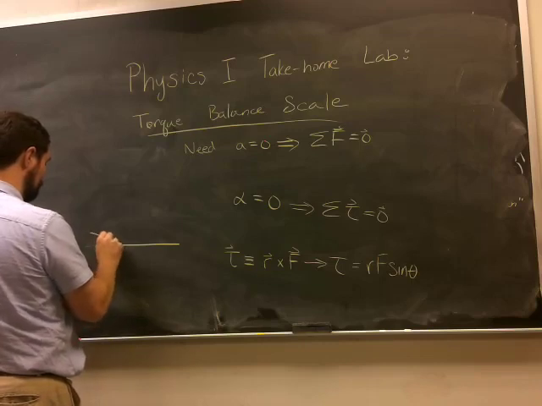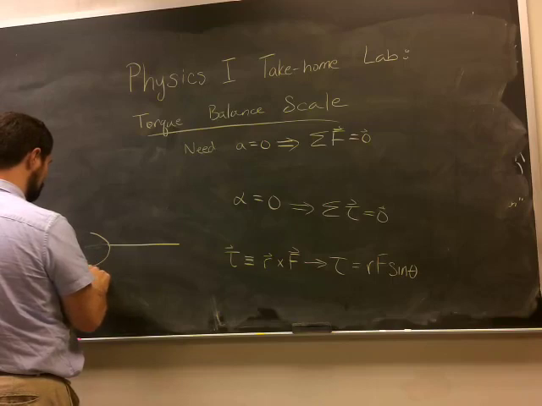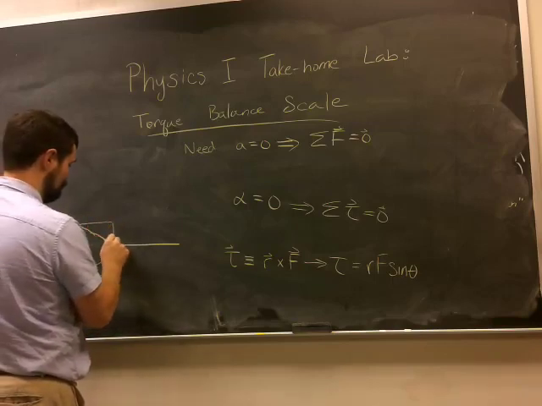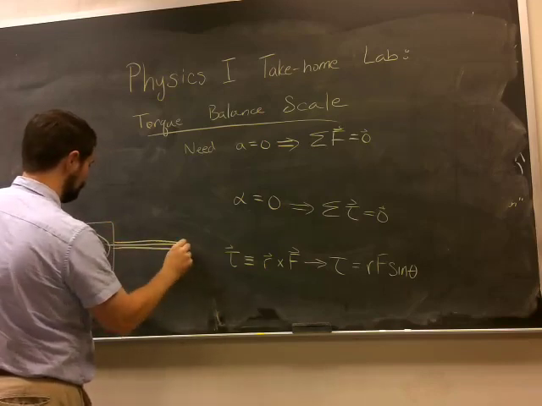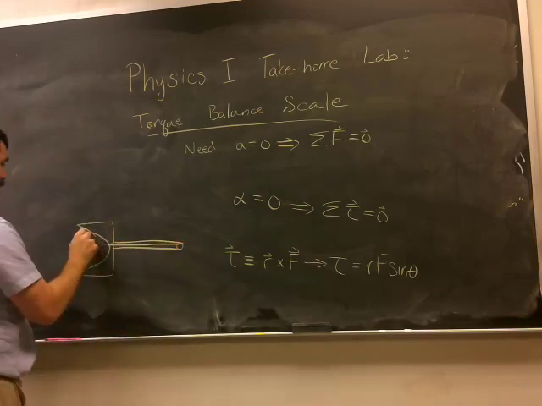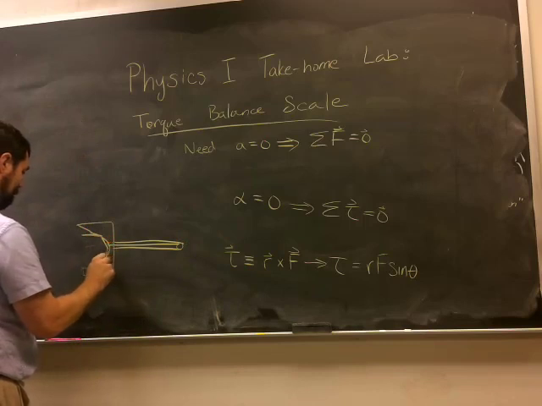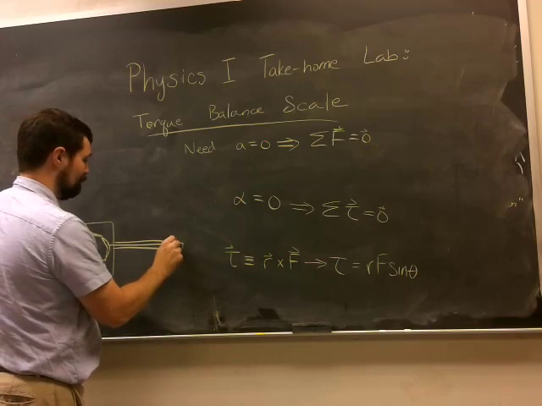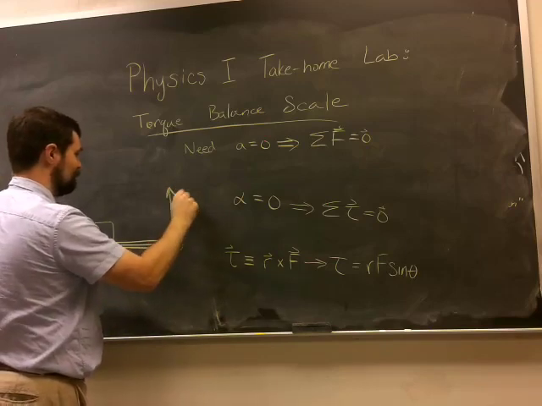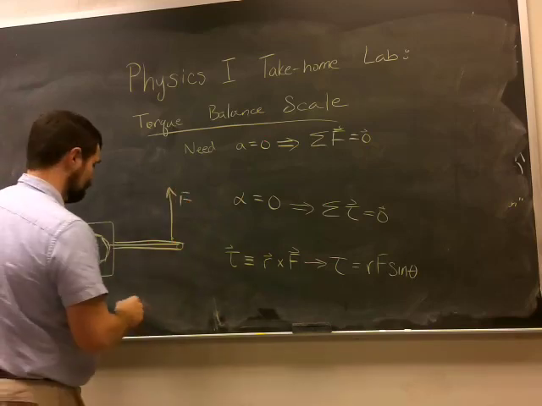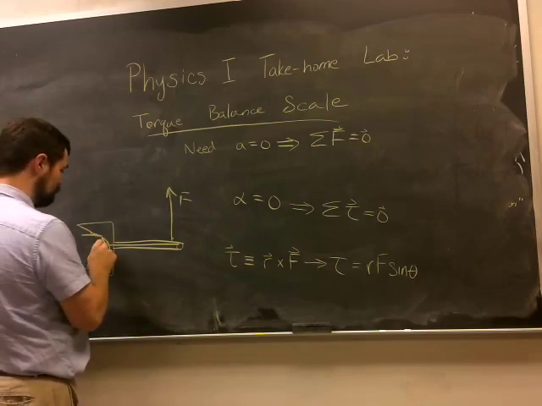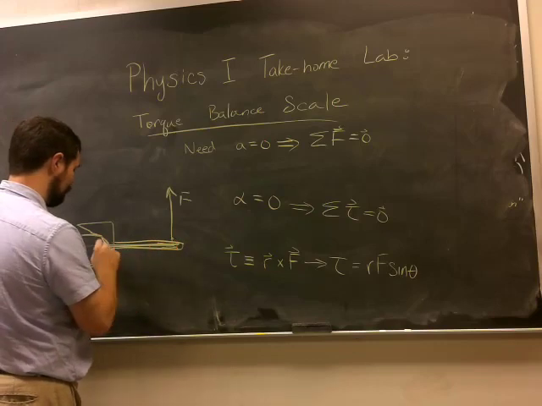So you have a wrench which is being used to apply some force, some torque on a nut. And so you apply some force out here on the end of the wrench, F, and the nut is pivoting about some location here, which we can mark off using an R.